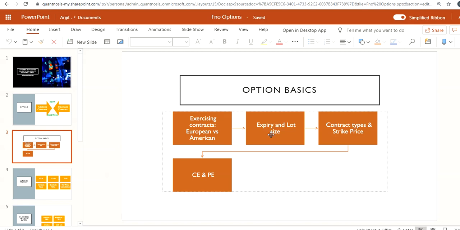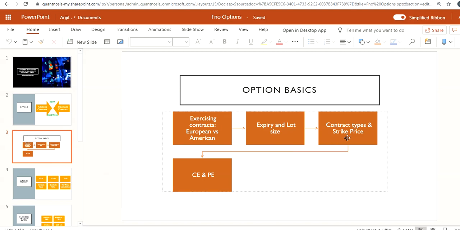For expiry, it could be a different series. Futures may have a monthly series, while options may have monthly, weekly and different series, as you have seen for the Indian market's Nifty or Bank Nifty, which also has a weekly series. But conceptually, the idea of expiry and lot size is the same as what we discussed in the futures video.